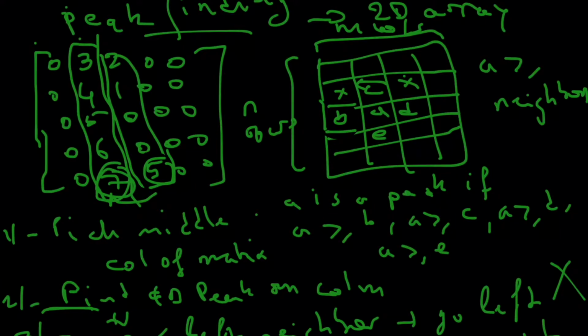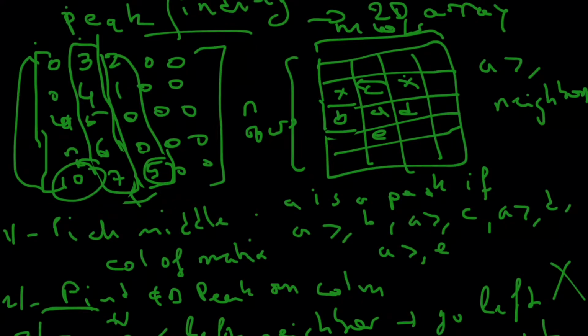If, say for example, we had here 7 and we had here, let's say, 10 and 4, or something like that, we would go to the left and we would pick this one, and we would check the max and it would be this one.